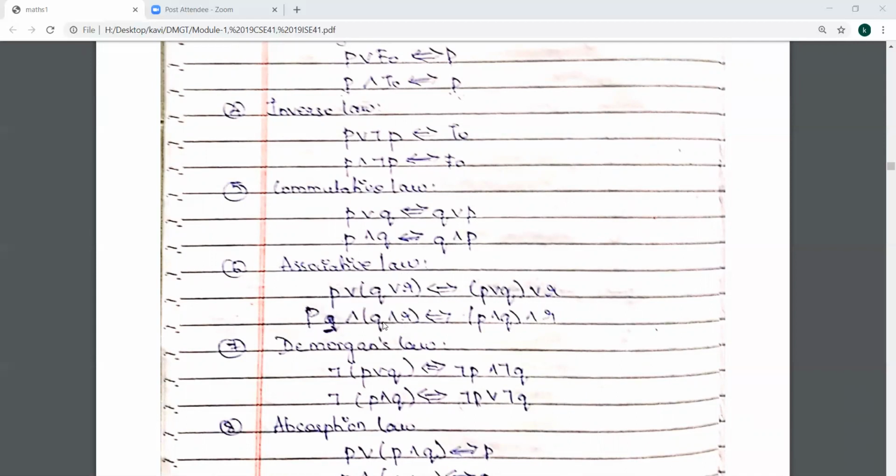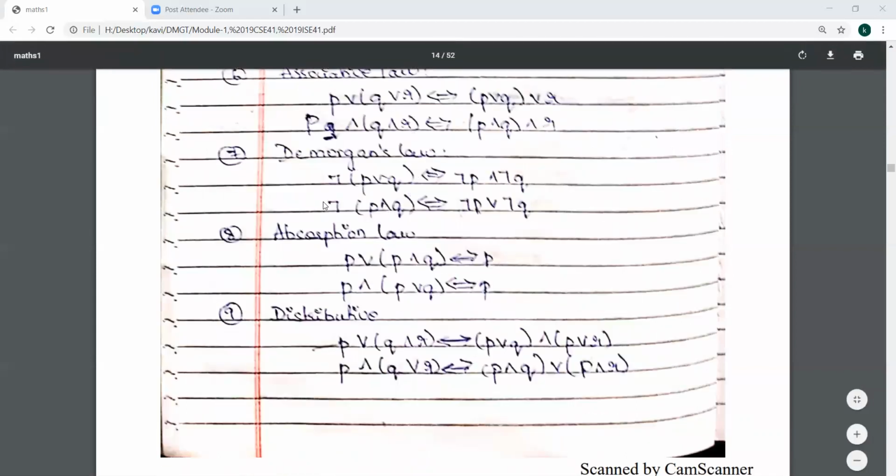Then P and Q and R is logically equivalent to P and Q and R, grouped differently. Next will be De Morgan's law. Negation of P or Q is logically equivalent to negation P and negation Q. Negation of P and Q is logically equivalent to negation P or negation Q.